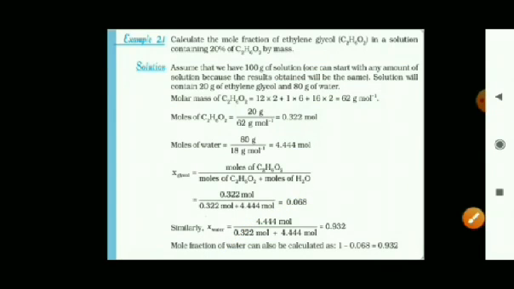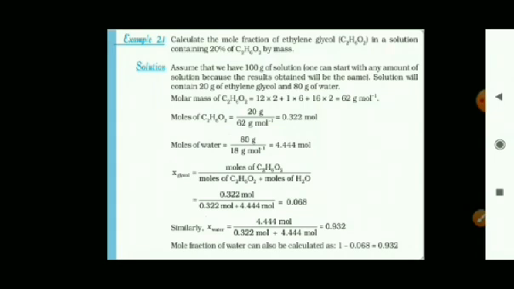So in the NCERT book, one example is given: calculate the mole fraction of ethylene glycol, C2H6O2, in a solution containing 20% C2H6O2, that is ethylene glycol, by mass. Read the question.